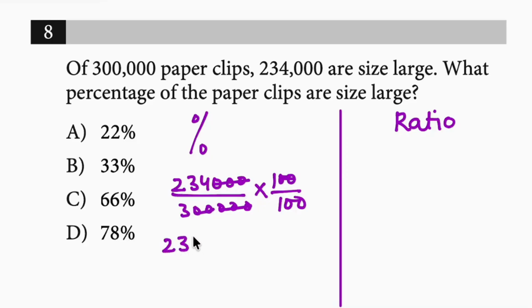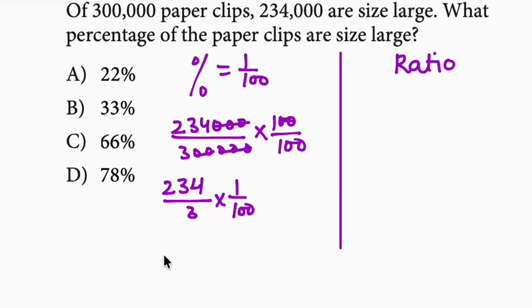So I'm just left with 234 over 3 into 1 over 100. Now what is this percent? This percent means when total is 100, right? So I can write this 1 over 100 as percent. So that is 234 by 3%. 234 by 3 is 78%.